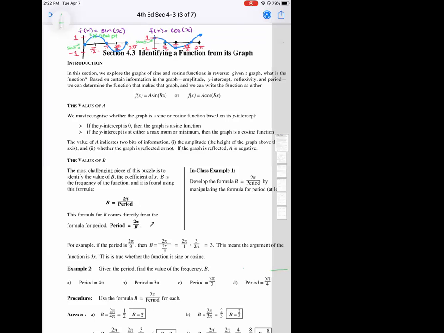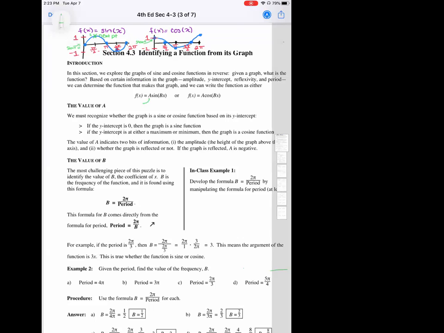Based on certain information of the graph, amplitude, y-intercept, reflexivity, and period, can we determine the function that makes that graph? And can we write the function as either f of x equals a sine of bx, or a cosine of bx? So just remember what a and b do.